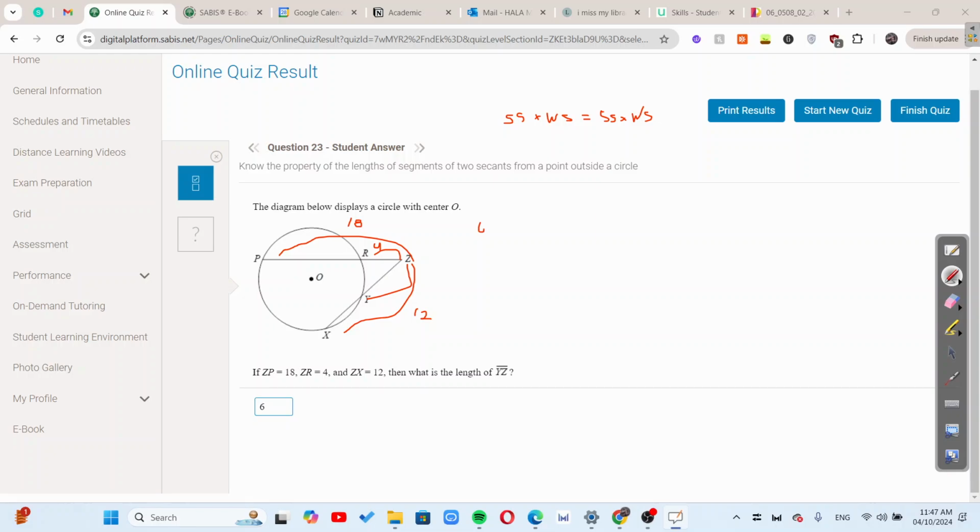So 4 times 18 equals, actually I'm going to name it something else because you have times and the x, they're going to get confused, y times 12. Put this in your calculator, so 4 times 18 is 72 equals y times 12.